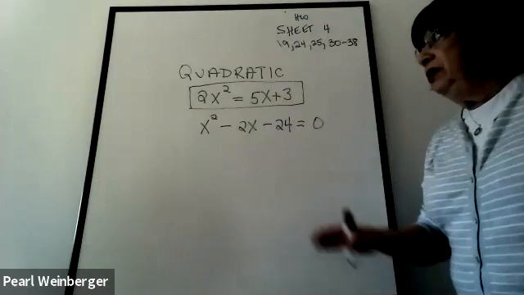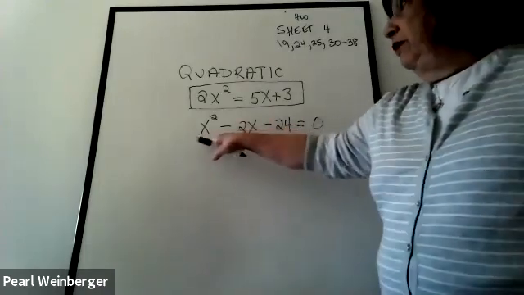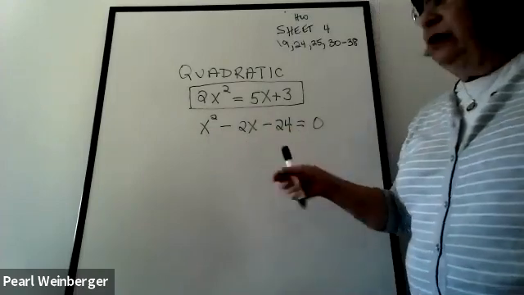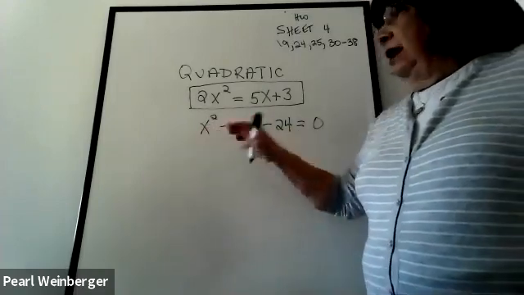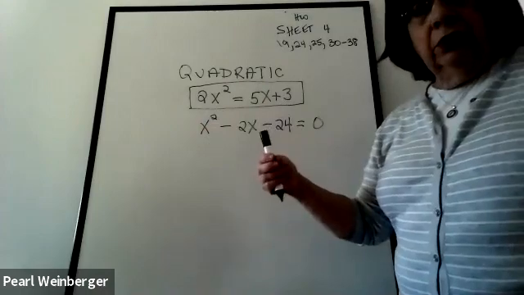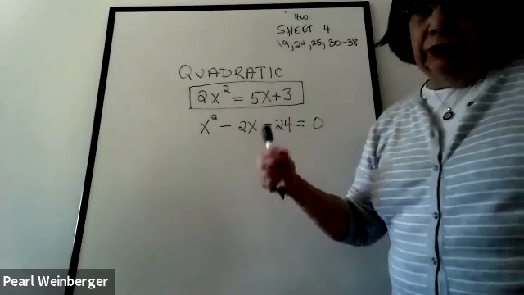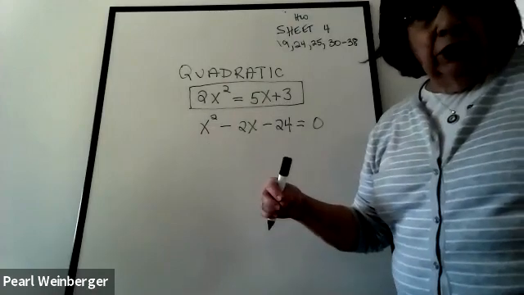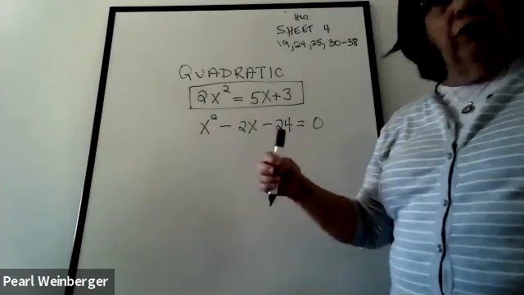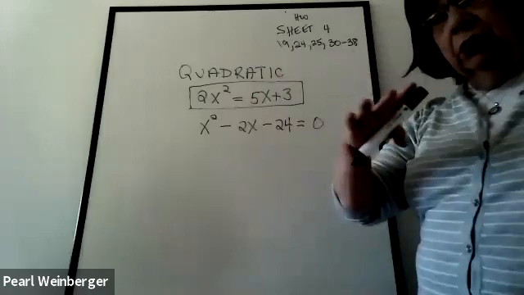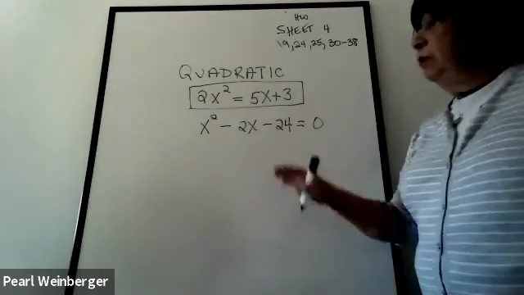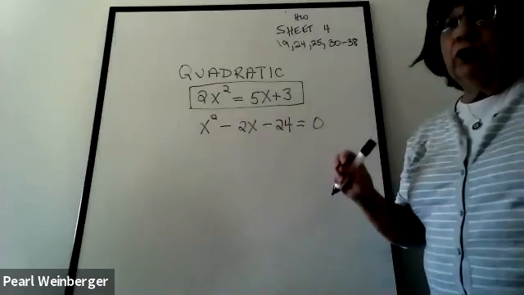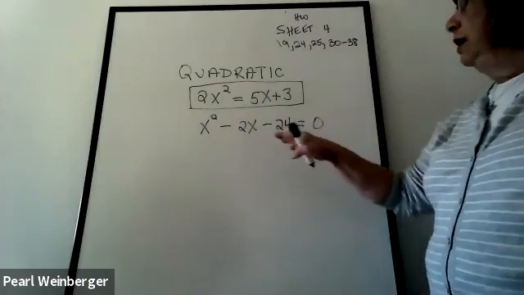And usually we're left with a trinomial that we factor. We're going to learn the method of factoring today. There is another method that we can use, called the quadratic formula, that we're going to learn a little bit later in the term. But right now we're doing the factoring method to solve quadratic equations.